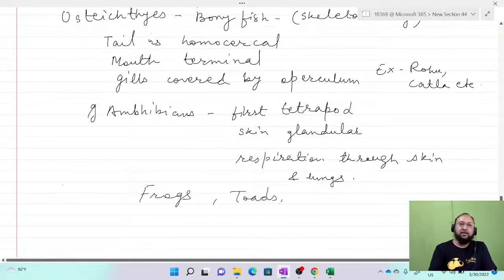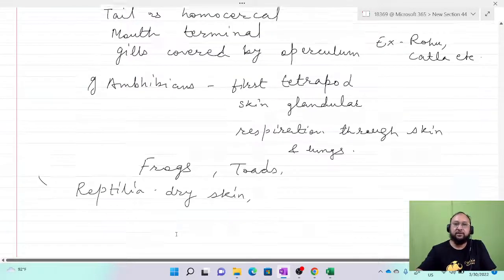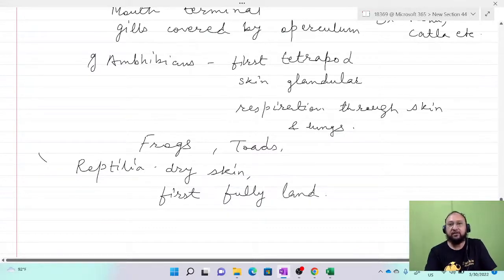In case of reptiles, skin is dry. Reptilia: dry skin, and the first fully terrestrial vertebrate.